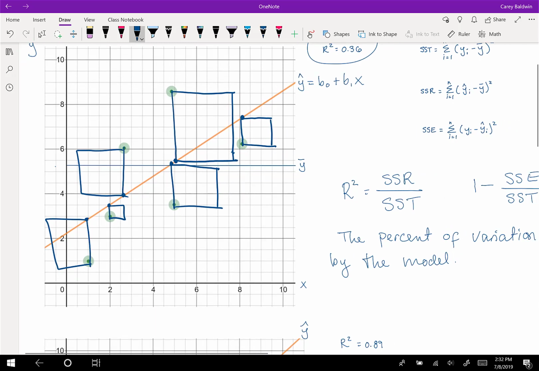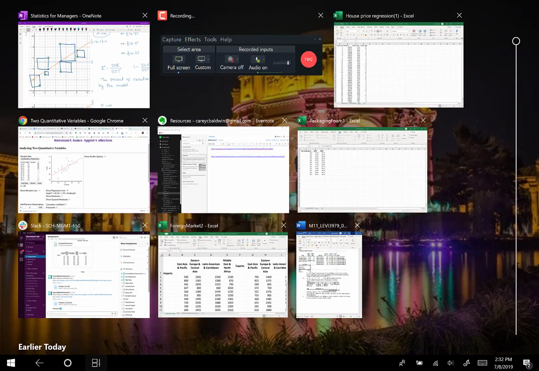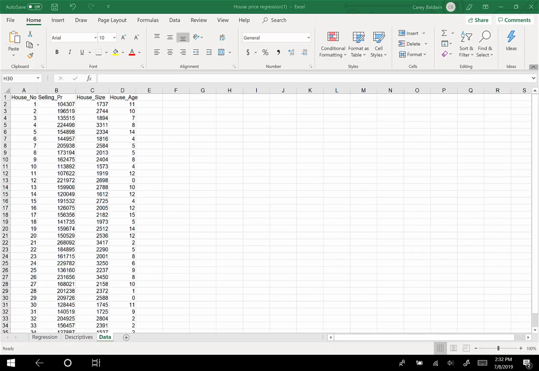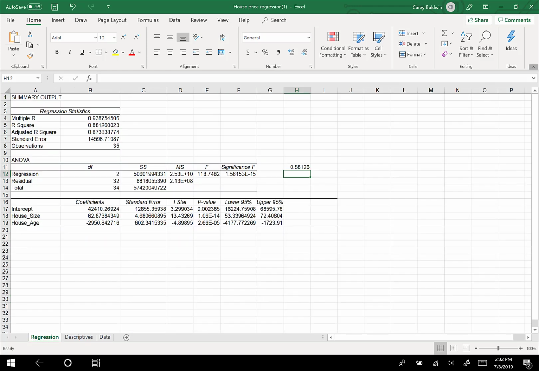Okay, so looking at some data, we can see that if we were trying to predict, say, the price of a house from the size of a house, we might create a regression model, and that regression model would have an R-squared value of 0.88.